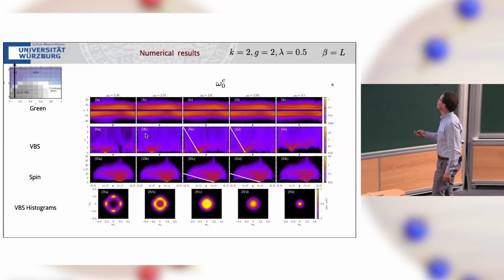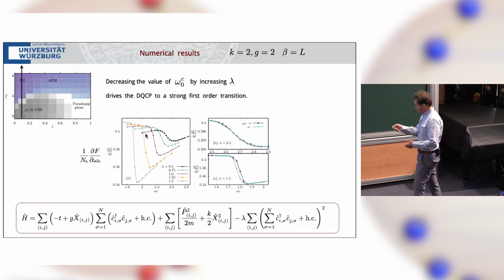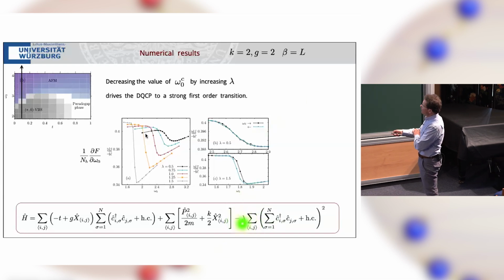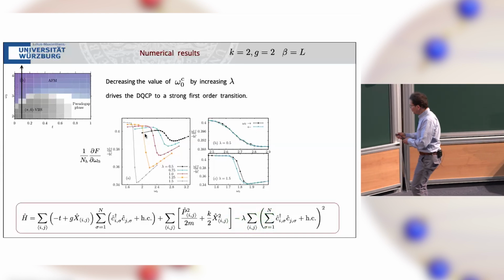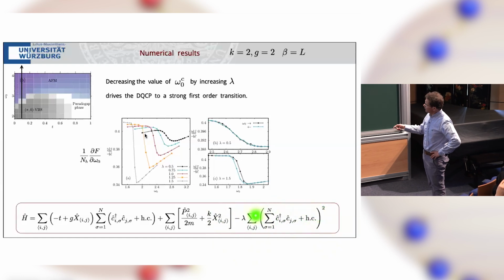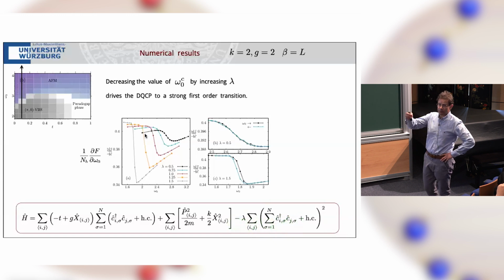Okay, now about the tuning. We have this lambda here, and essentially we can change this lambda. You maybe know that if you take this for SU2 and you do the calculation, you will get S_i dot S_j plus, because you have O4 symmetry, eta dot eta.